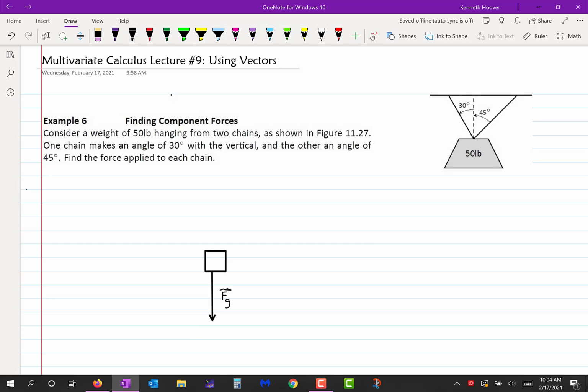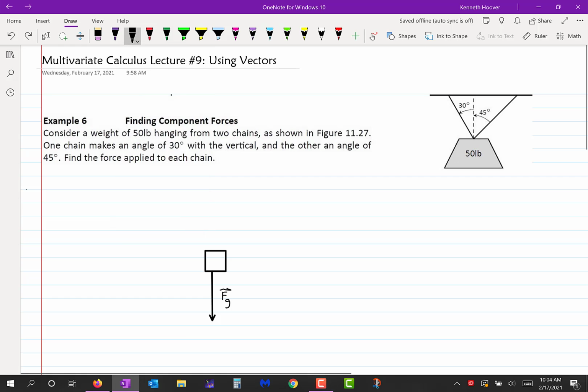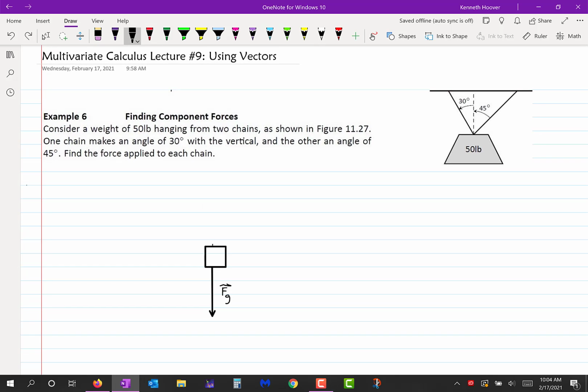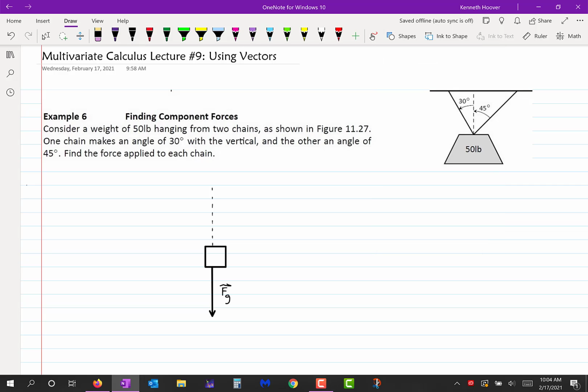Okay, now there's one chain hanging. Let's do this. I'm just going to draw a dashed vertical line here. Okay, now there's one chain that's hanging 30 degrees to the left of that.